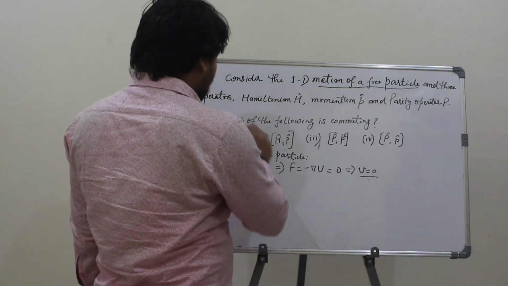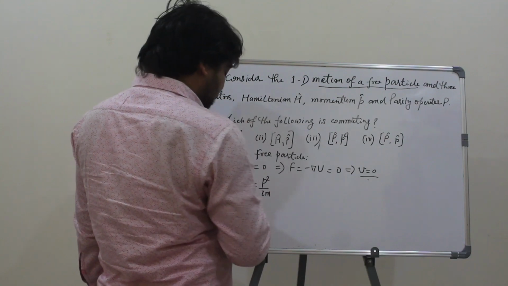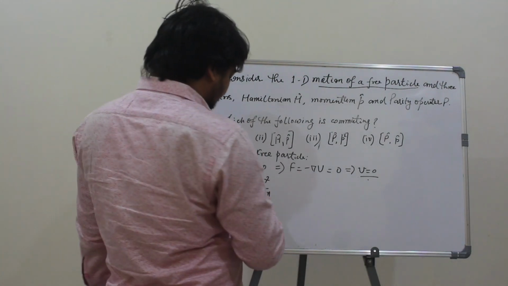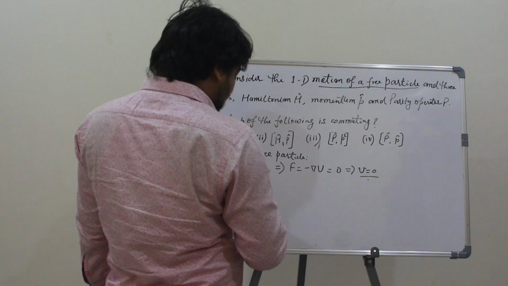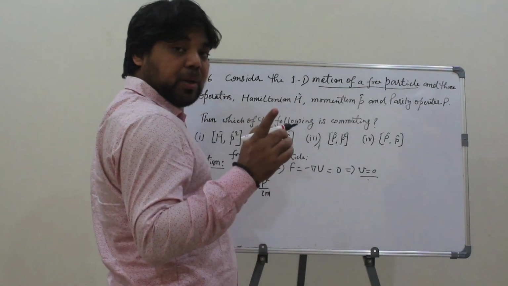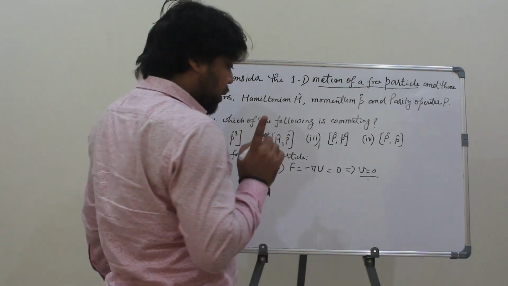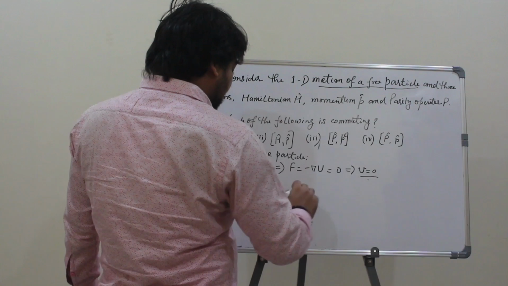So now it says that first one, which is, remember that parity operator commutes with operators of even parity, right?